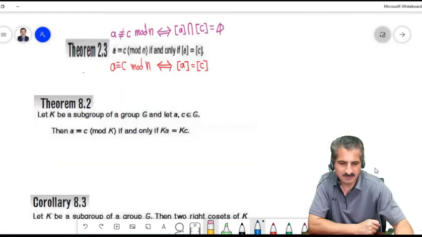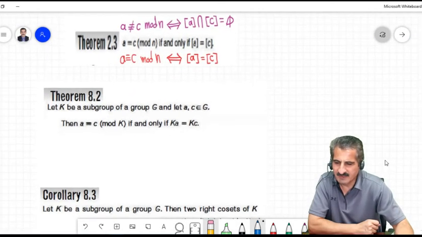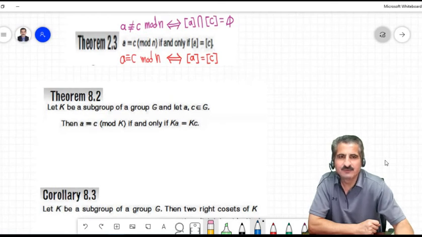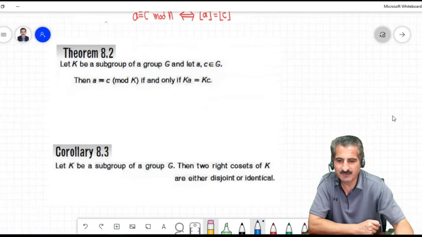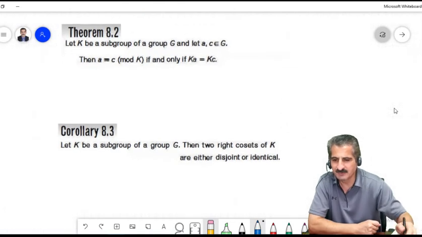So we have seen in theorem 2.3 that if two integers are congruent modulo n, then they share the same equivalence class. The same thing applies to our new definition for groups and subgroups. Theorem 2.3 says the following.